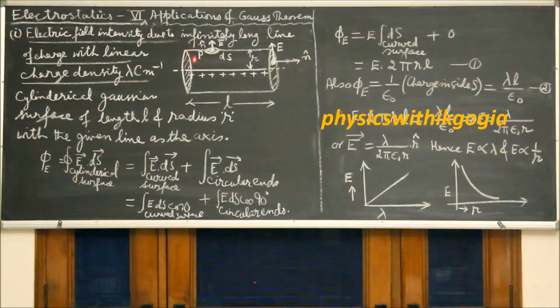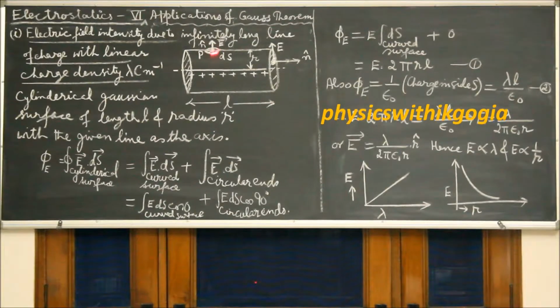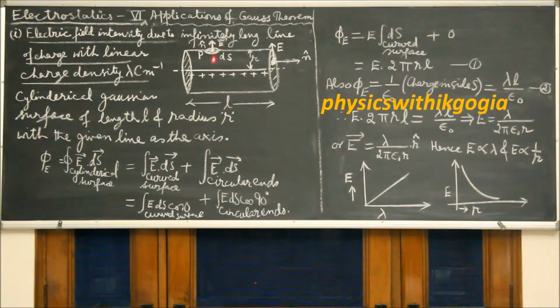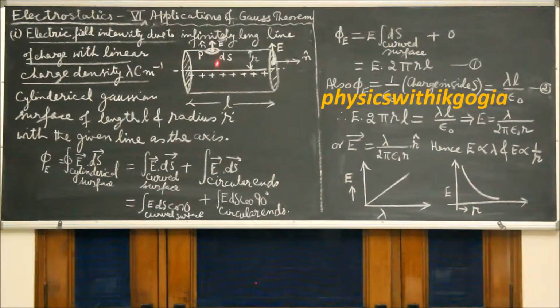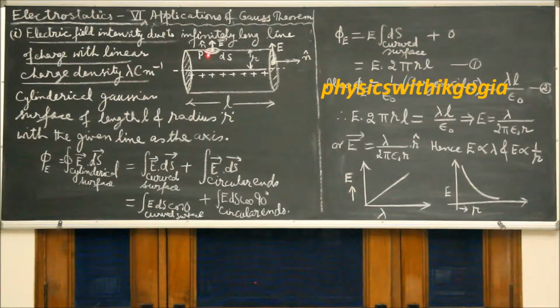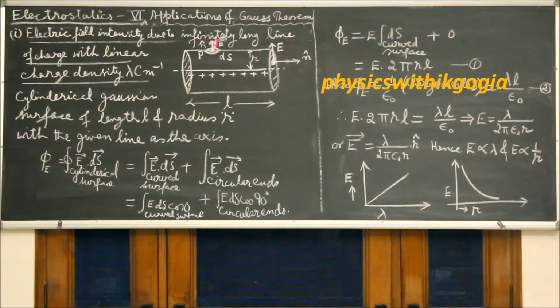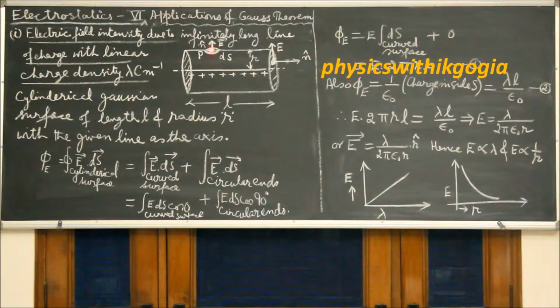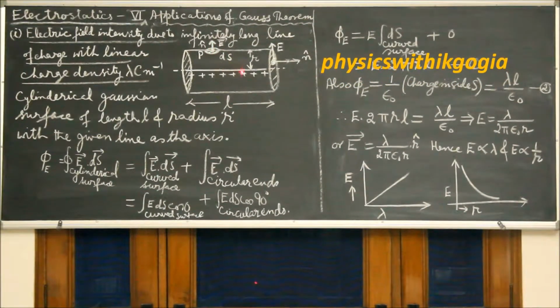Here on this curved surface, if you take an elementary area ds, and this is the normal drawn to the elementary area, the field is directed away from the positive charge. So the electric field is upward and the normal is also upward. So the angle between the field vector and the area vector is 0 degrees for the curved surface.